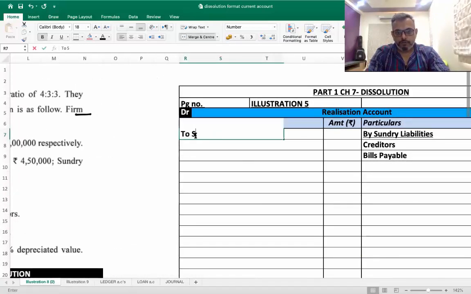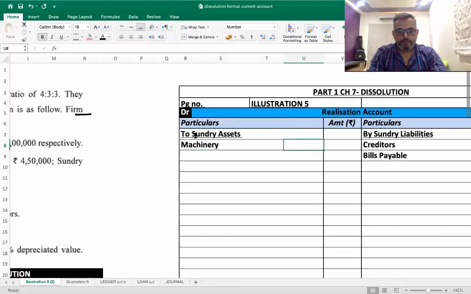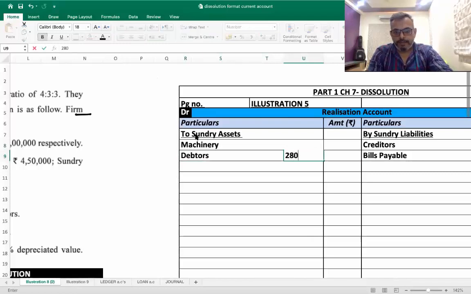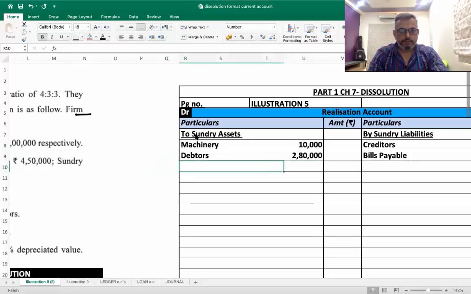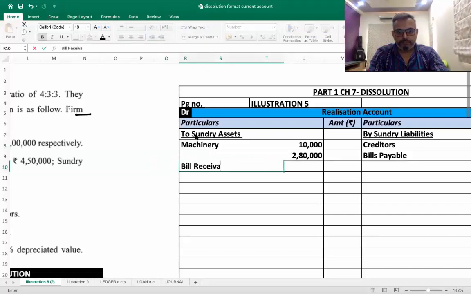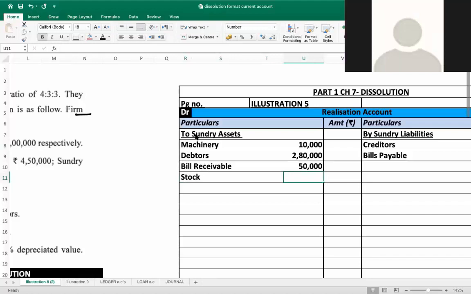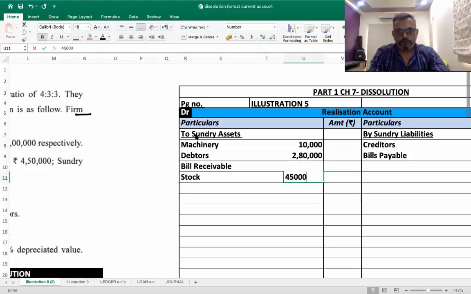So to sundry assets, machinery 10,000, debtors 2,80,000, bill receivable 50,000, stock 4,50,000.